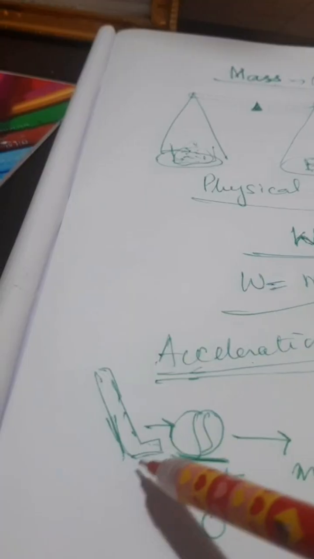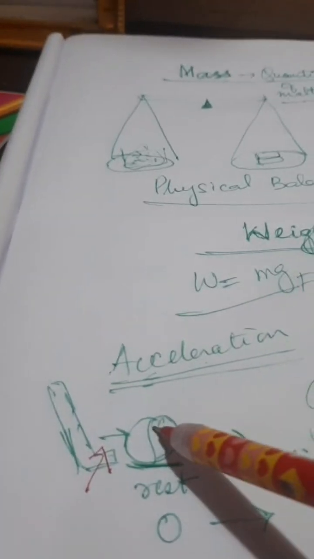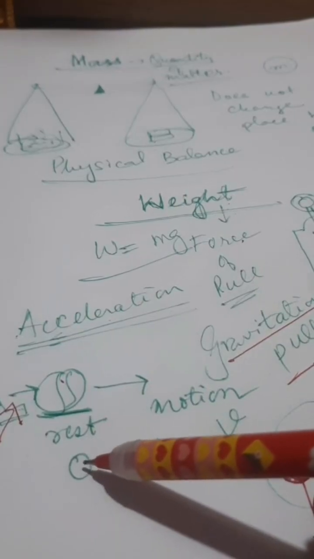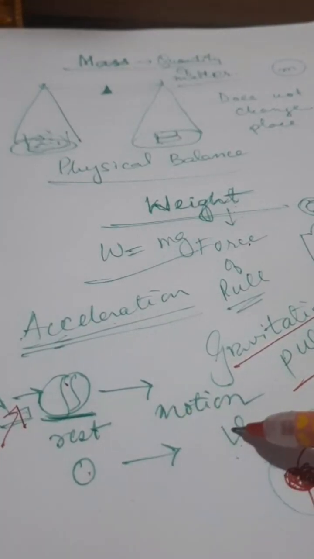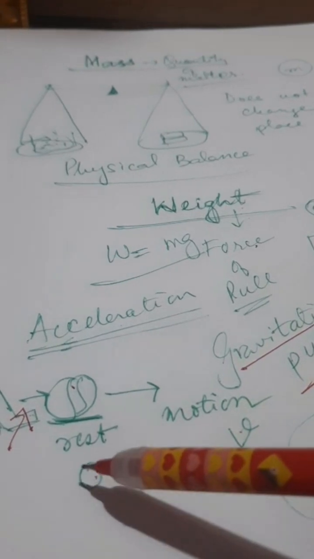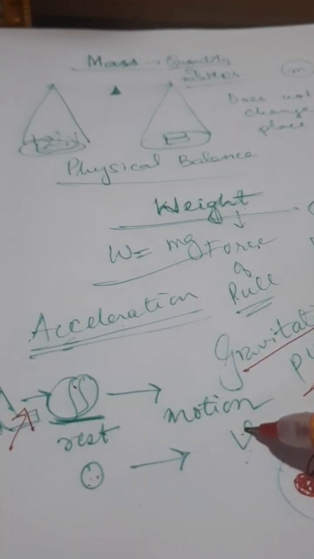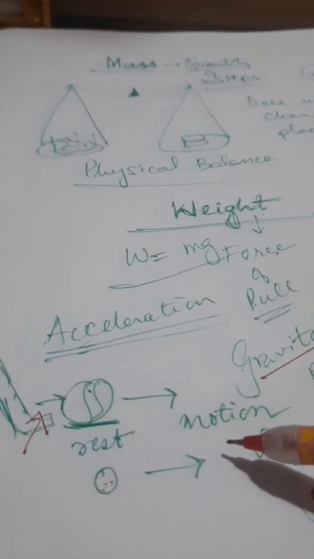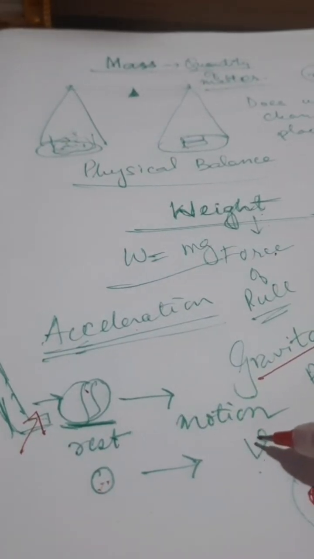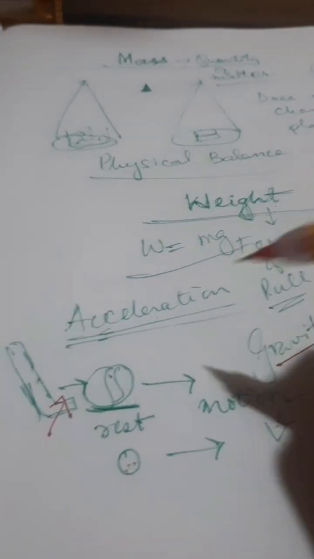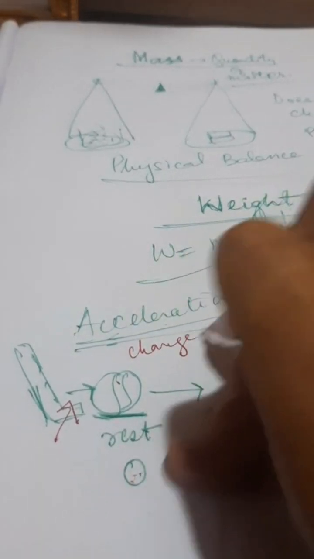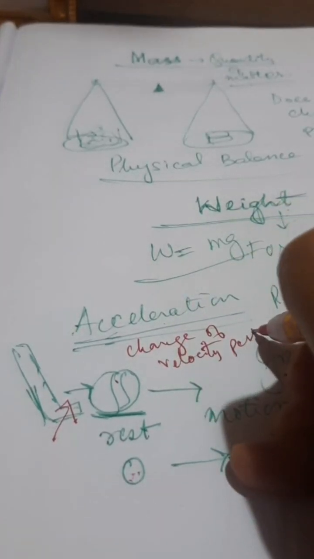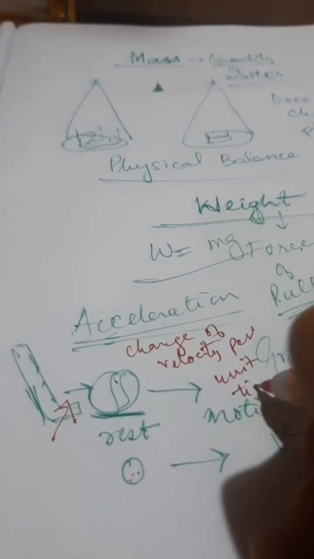So if by application of a force, this ball has acceleration, acceleration means moving from certain velocity to certain velocity. It can be rest, it can be a change of velocity also. Suppose some object was having a less velocity and then after applying force on that object, it has a higher velocity. That means there is a change of velocity. Acceleration is nothing but change of velocity per unit time.